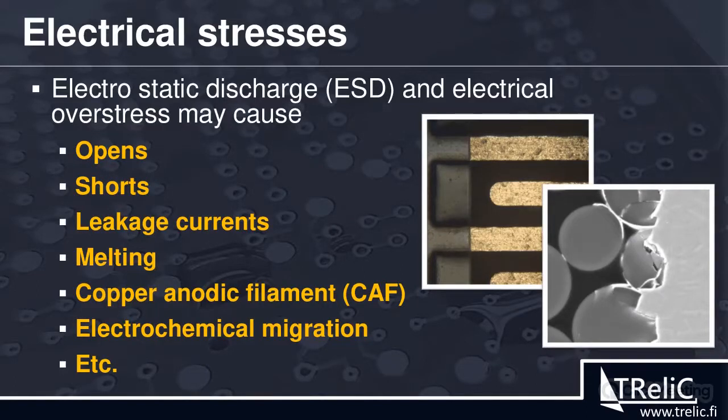And of course, when you have, for example, corrosive environments, there can be some combination of corrosion with different electrical problems, and they make things happen faster. For example, copper anodic filament, which is basically corrosive. Here in the picture below, these are glass fibers from a printed circuit board, and here is a copper wire. The copper starts to grow along the glass fibers and forms shorts and so on. So there are lots of different possibilities for electrical failures.